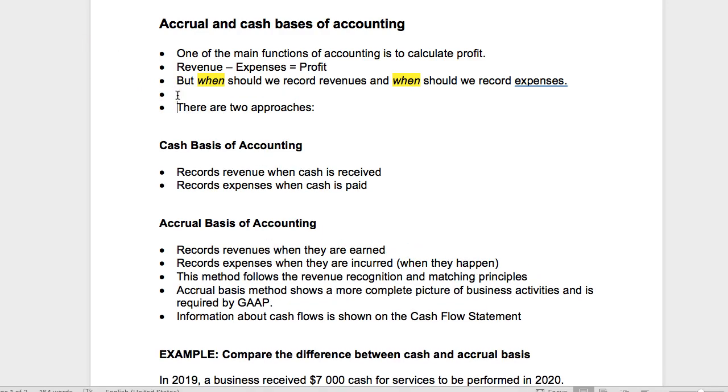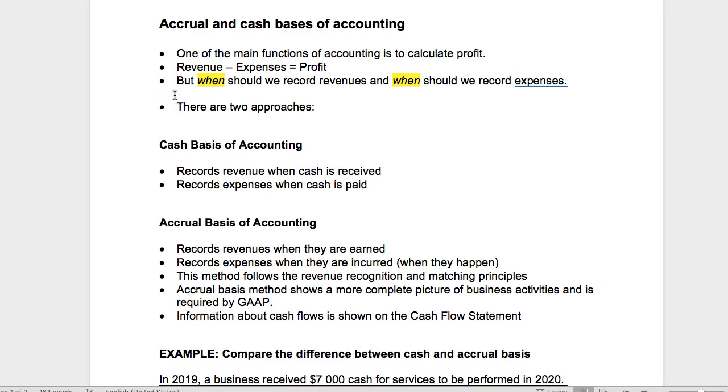Well, there are actually two different approaches that you could use as to when you record revenues and expenses. So the first approach is called the cash basis of accounting. So revenues are recorded when cash is received and expenses are recorded when cash is paid.